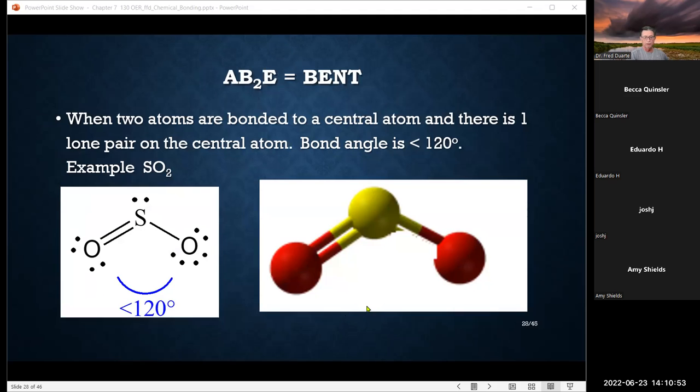Now here's an interesting one. You got SO2, and if you were to compare that with carbon dioxide, you might be tempted to do like we just did with carbon dioxide and call it linear, but keep in mind that carbon is in group 4 and sulfur is in group 6, so you're bringing in more electrons. When you go through the exercise of figuring out the structure, guess what?